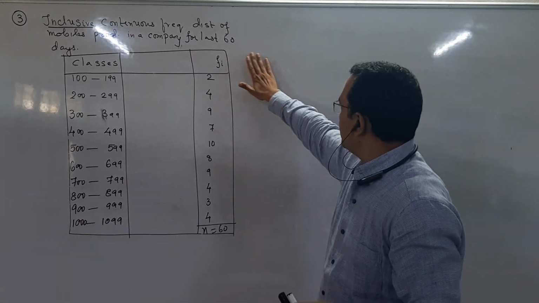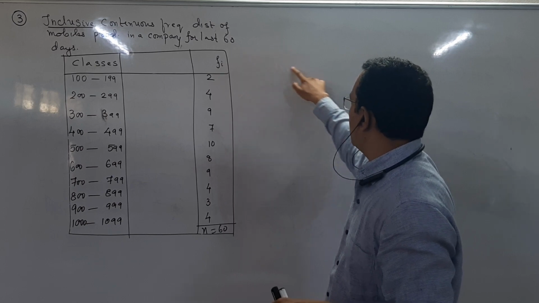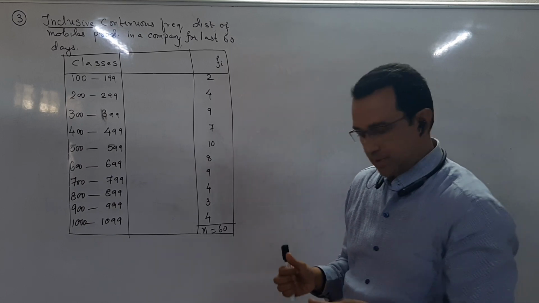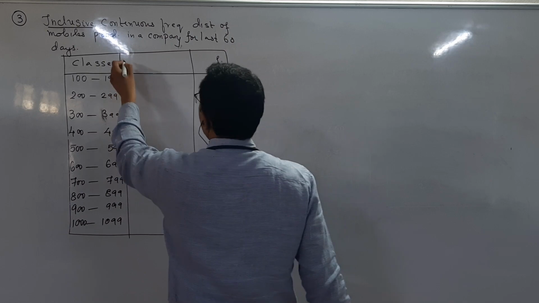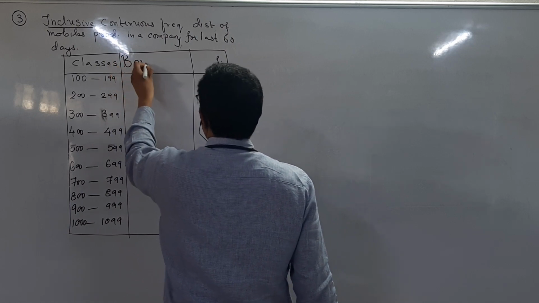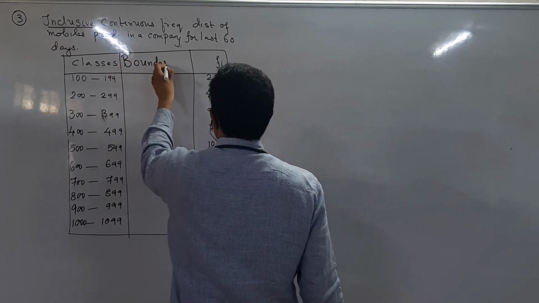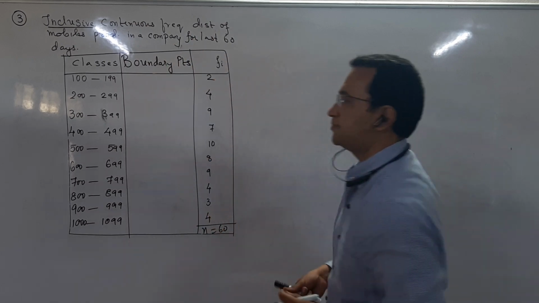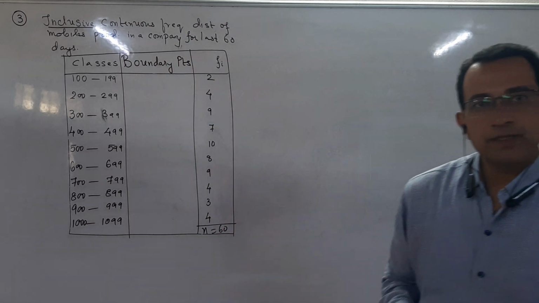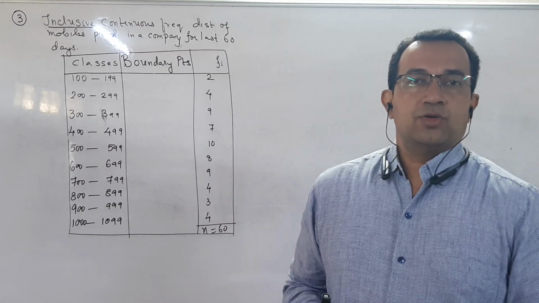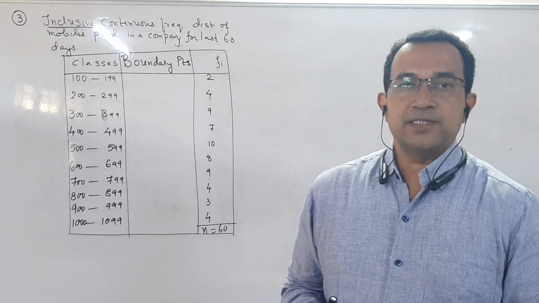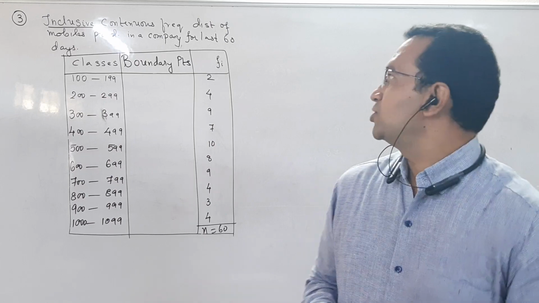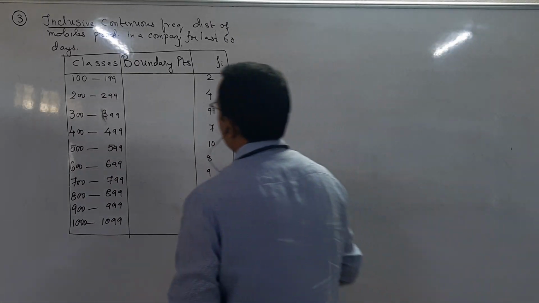After F1, you make one more column, that is boundary points, fourth column. Due to less space, I am erasing this. You don't erase in your table. You make the fourth column. Okay? So, after preparing distribution, if it is inclusive, we need to write boundary points.